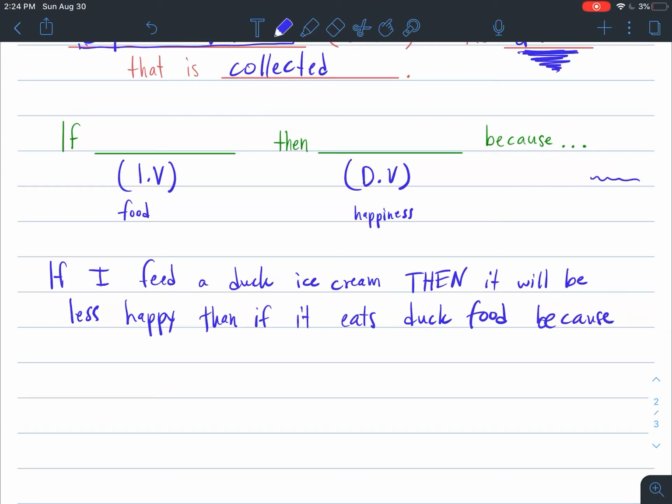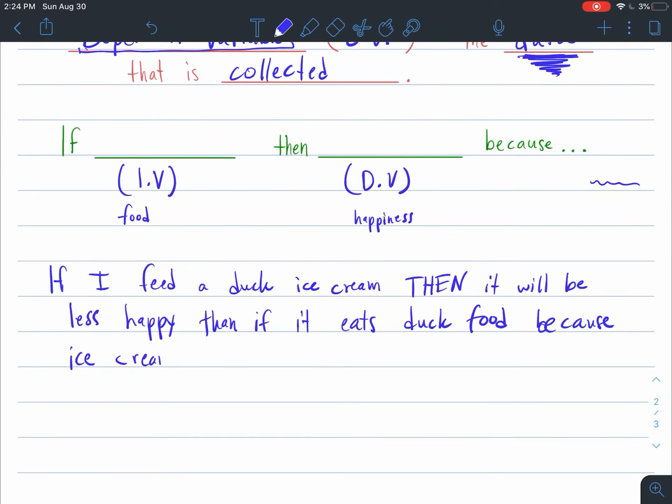It needs to be about the happiness. Because, and I'm going to say the reason why I think that a duck would be less happy if it eats ice cream compared to duck food is because ice cream doesn't have enough duck nutrition, or nutrition for ducks, the vitamins and minerals that they need.